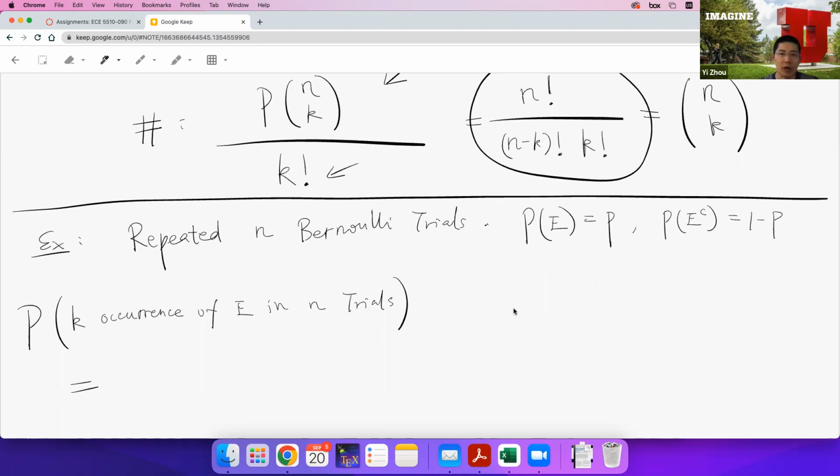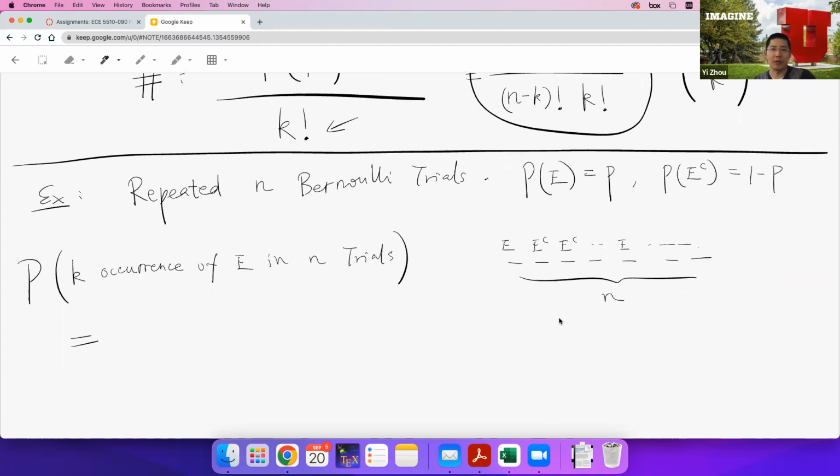So for every outcome, you will have N different positions, right? You have N different trials. For each trial, you may have E or E complement. So you have so many different combinations. But how many different combinations do we have? Each position, we have 2 possibilities. So it's 2 to the power of N. We have this many outcomes.